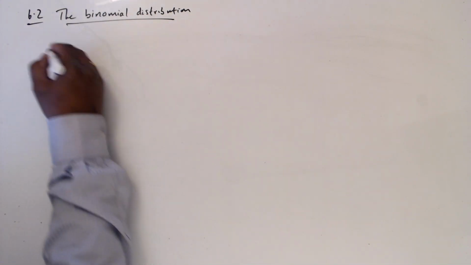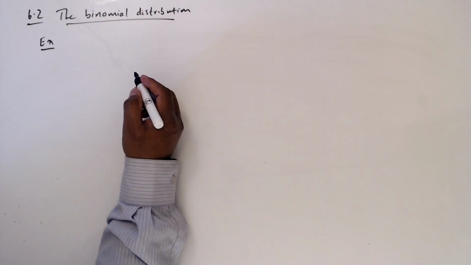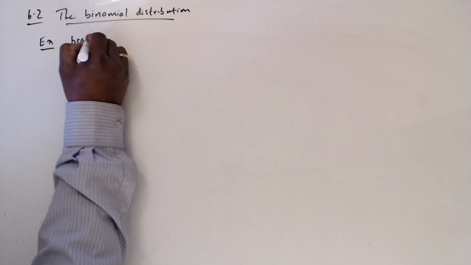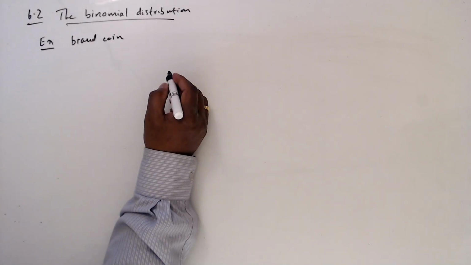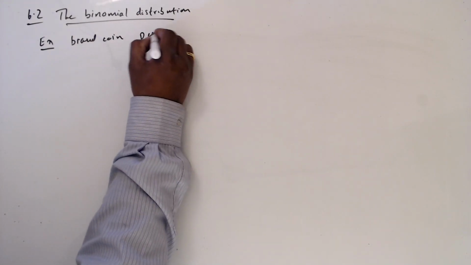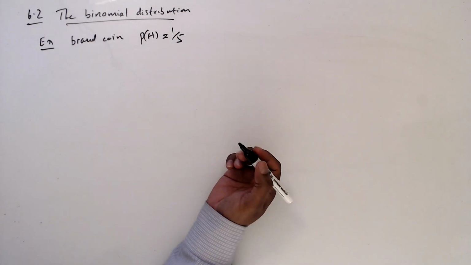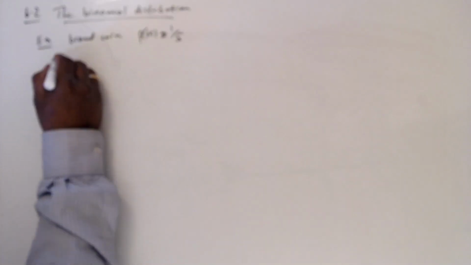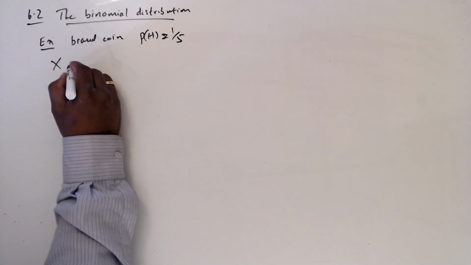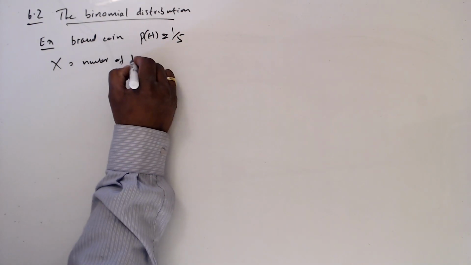I'm going to discuss an example. I am tossing a biased coin. Probability of head is 1 over 5, not a half as usual, and the variable X is the number of heads.